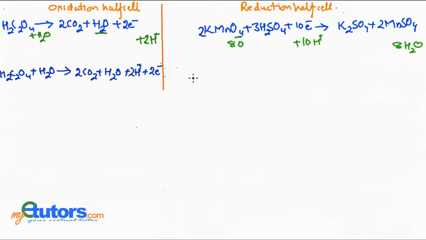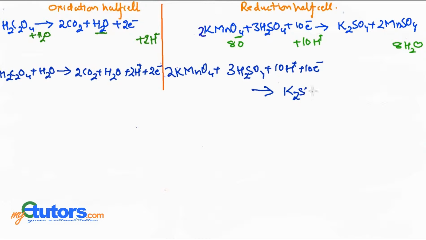In some equations, there may be a case that you add H plus ions on the reactant side and you also add H plus ions on the product side. Similarly, in some equations, you may add water molecules on the reactant as well as on the product side to balance the half cell. So in acidic medium, you add H plus ions and H2O, and it is basically the requirement of the equation.